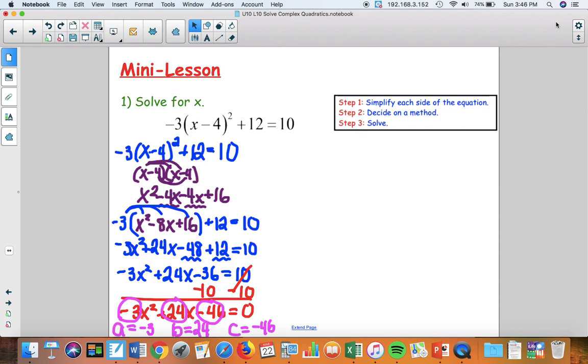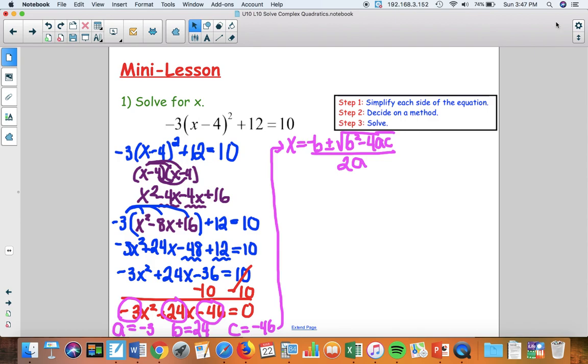So we have to plug this into the quadratic formula. So let's bring the work all the way up here. So the quadratic formula is x equals negative b plus or minus the square root, b squared minus 4ac all over 2a. Keep in mind that is given to you. You don't have to memorize that formula.